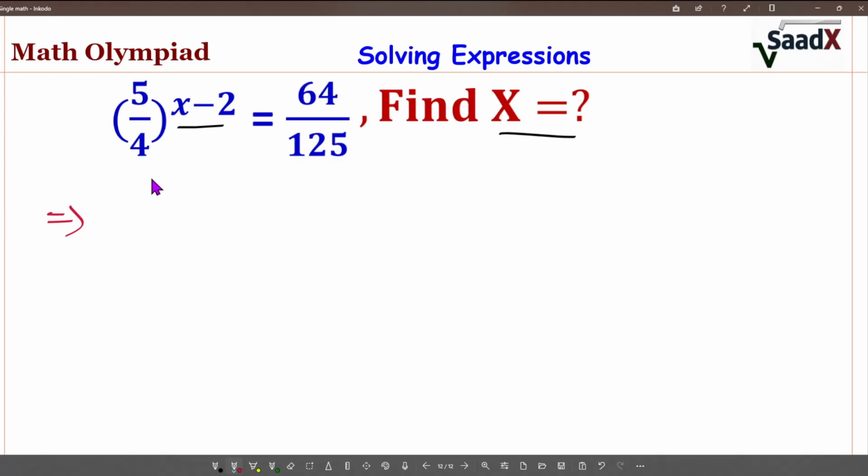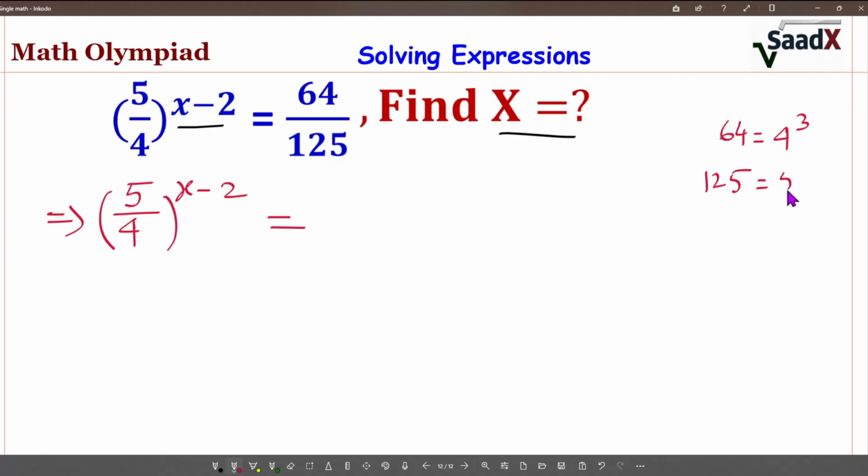Here is 5 by 4 to the power x minus 2, and this 64 by 125 we can make similar. Why? Look, 64 we can write 4 cube and 125 we can write 5 cube.